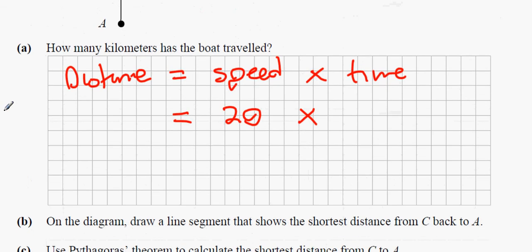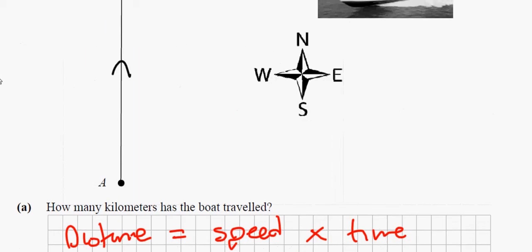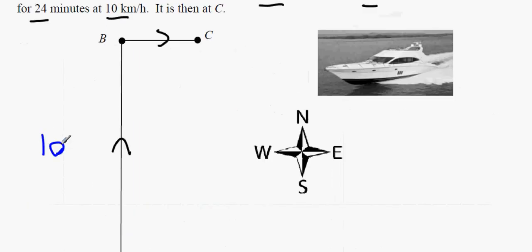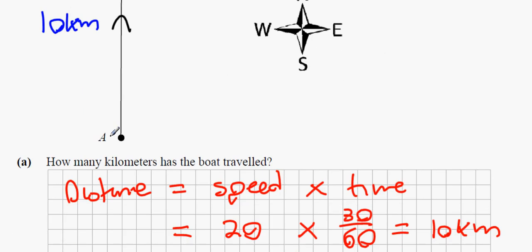So it's 30 minutes out of 60, which is basically half an hour, and that's going to give you 10 kilometers. So A all the way to B is 10 kilometers.